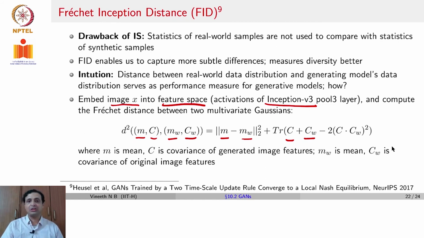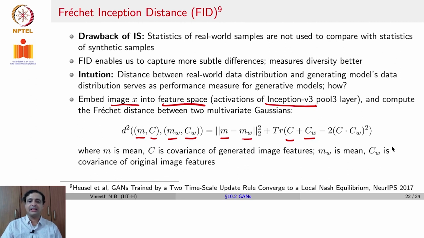So that's the definition of the Frechet distance between two multivariate Gaussians. So given these two distributions of real and generated samples, you compute their means, compute their covariances, and then you can compute the Frechet distance using this formula.